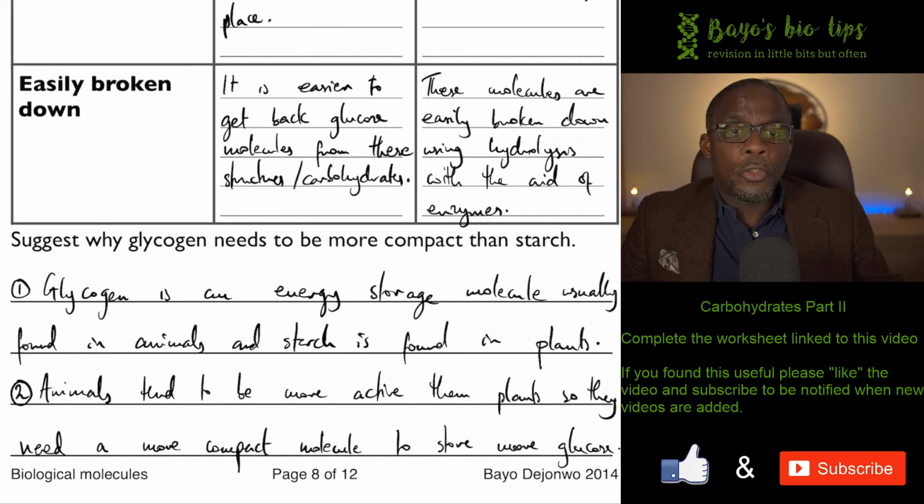So by being able to store more glucose, they can access greater quantities of glucose for their more active lifestyles than plants can.